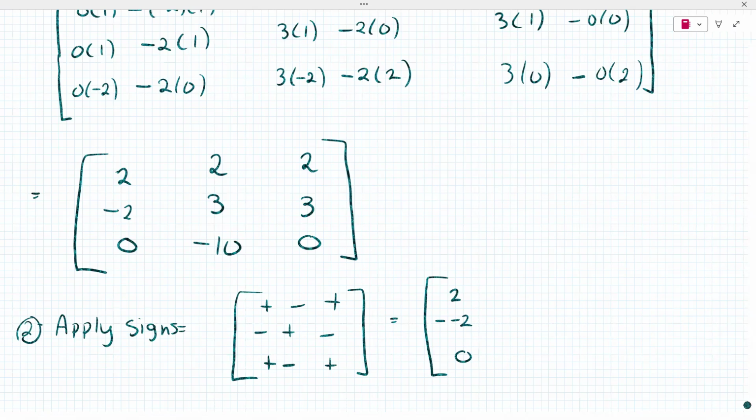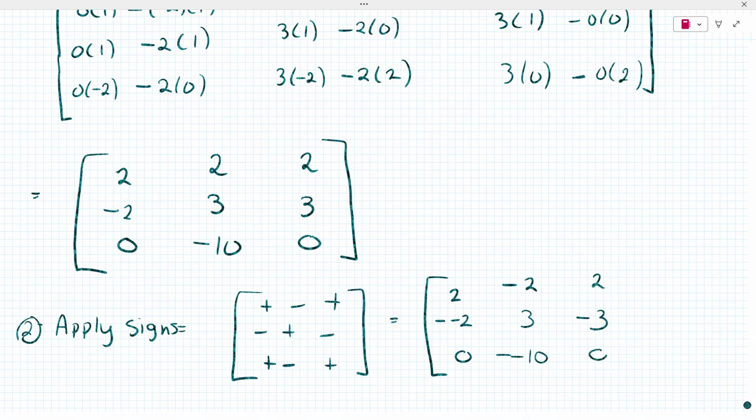This 2 becomes minus 2. This 3 stays positive 3. This 10, you add an extra minus, so it's going to be -10. This 2 becomes a positive 2. This 3 becomes a -3.